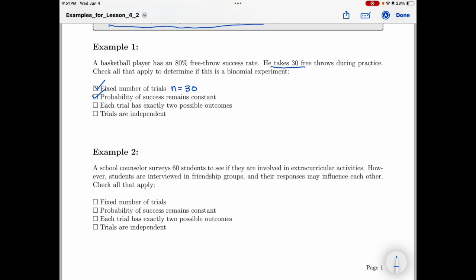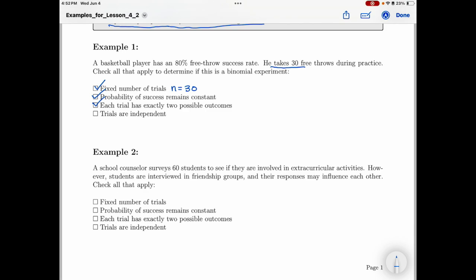Each trial has exactly 2 possible outcomes. In this scenario, we're looking to see if he makes a free throw or if he misses. Those are the 2 outcomes. Success is that he makes the free throw, and failure is that he misses it. So that is met as well.